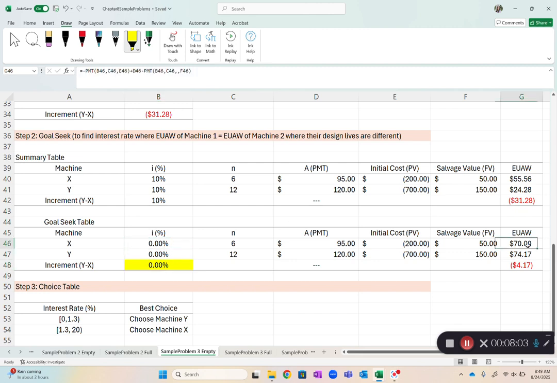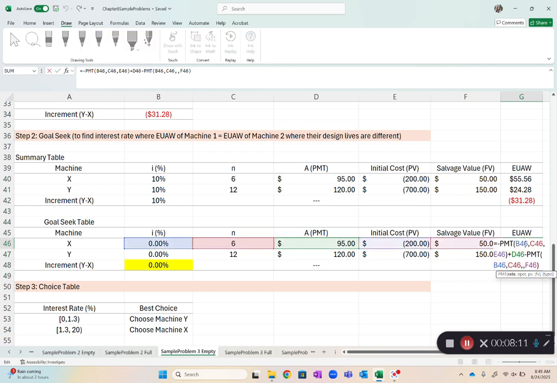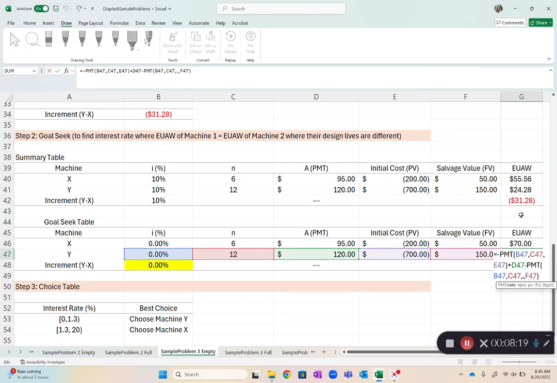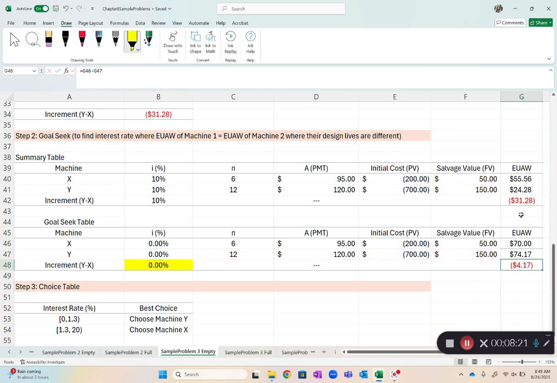Then over here, I just took the formulas I used in my EUAW up above and rewrote them here. So I am referencing the I, the N, the A, the cost, the salvage value. Likewise setting this one up here. Now I'm going to go into GoalSeek, and once again, the goal in GoalSeek is similar to what we did before by hand with interpolation.